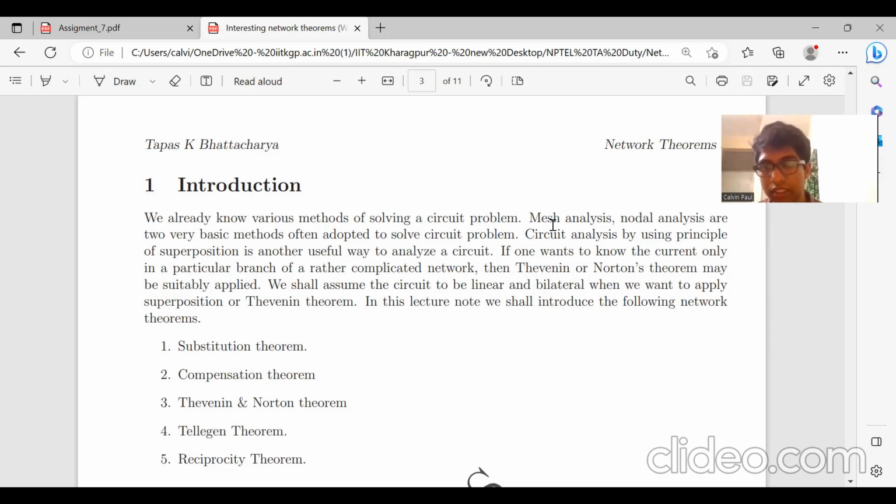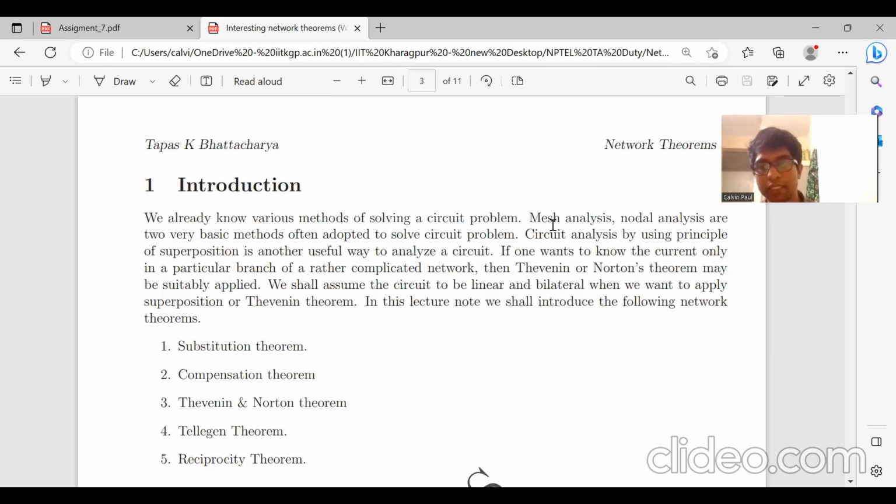However, in certain cases, we just want to determine the current through a particular resistor, capacitor, or element. We do not need the current through each of the branches or the voltage at each of the nodes, just for a particular node or element. In this case, Thevenin's or Norton's theorem are suitable.